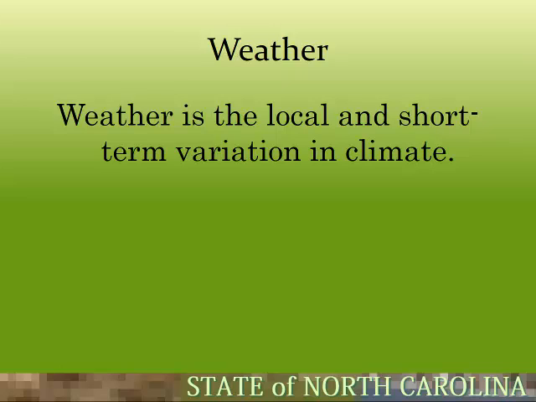So weather, we might have a wet summer. We may have a dry summer. We may have a cold winter, like last winter. But think about some things that could happen based on weather and conditions.